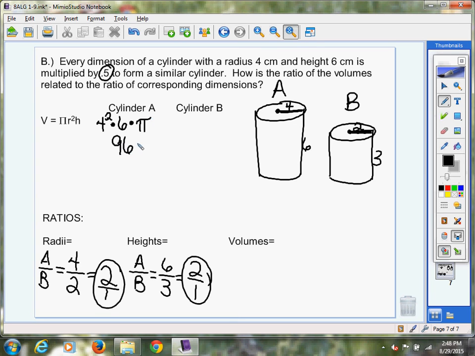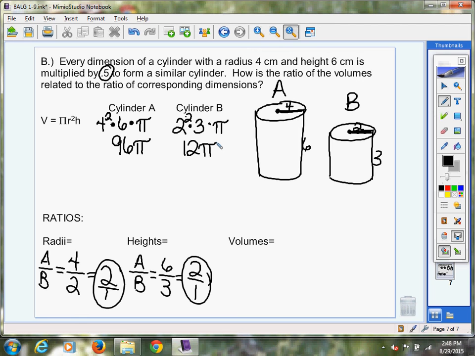So we're going to leave this as 96 pi. We're going to do the same thing with cylinder B. Radius squared times the height times pi, leaving pi alone. 2 squared is 4, 4 times 3 is 12.